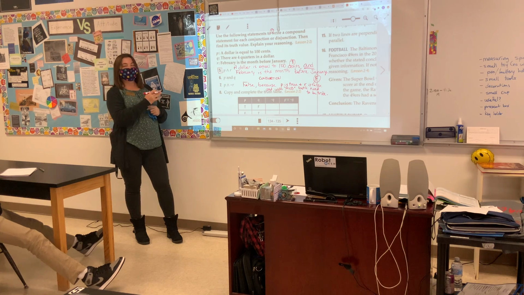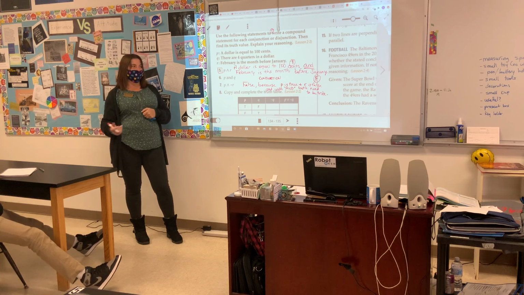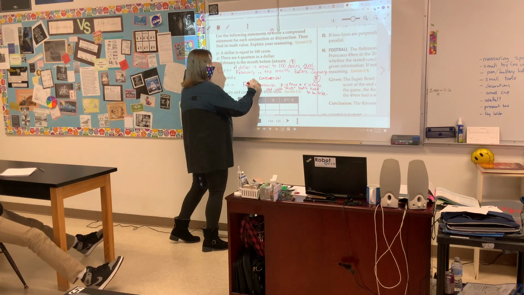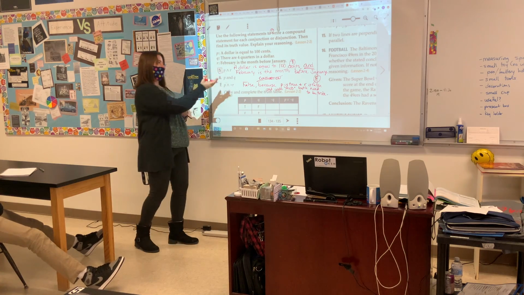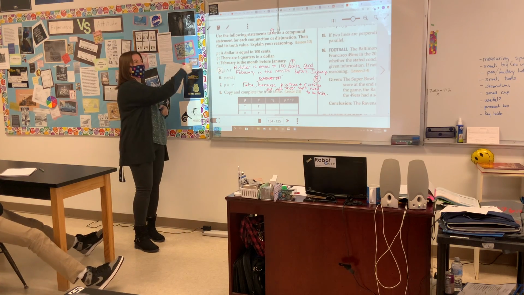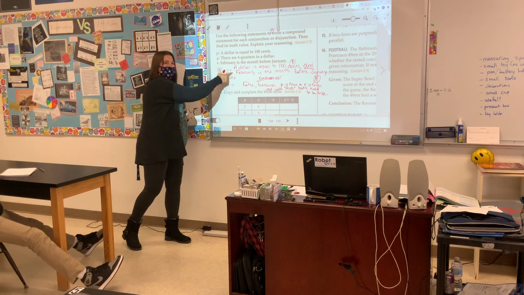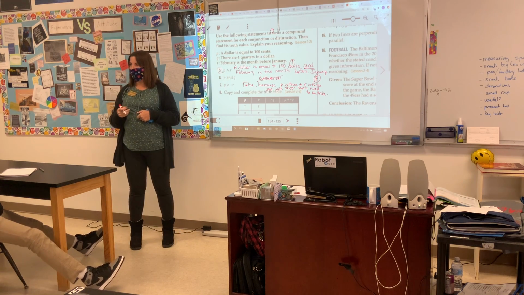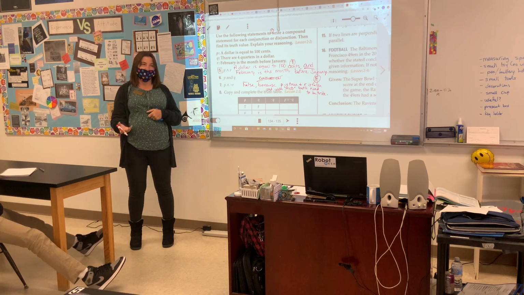Okay? I need that much information from you guys. The conjunction, that's just me helping to identify. I'm okay if you leave that part out. But all the rest I need you to do in order to answer this. I need you to write out the whole compound statement. You can't just write half. You can't rewrite it.